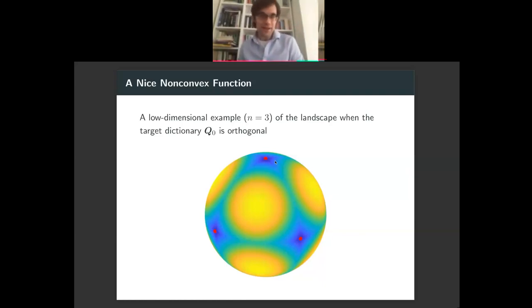If you look at this picture carefully, you'll also notice that there are a tremendously large number of other critical points. There are local maximizers in these yellow regions, and there are saddle points in the green valleys in between. So if you imagine this picture in high dimensions, if you believe that it carries over to high dimensions, then you should expect that there are exponentially many critical points, right?